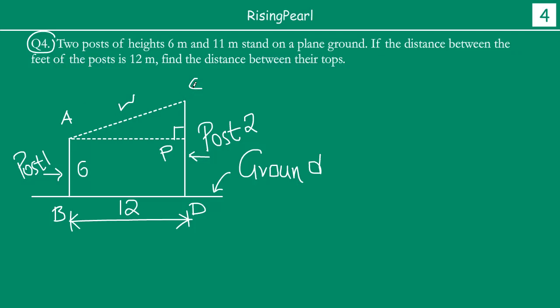If I draw a right angle triangle like this, then I can say that AC square is equal to CP square plus AP square, right? Because this is a right angle triangle ACP, and this is 90 degrees.